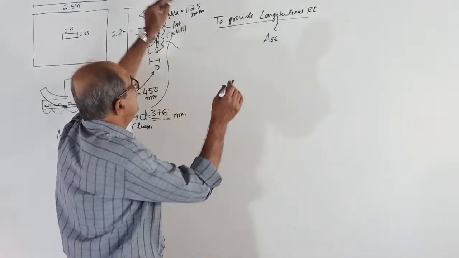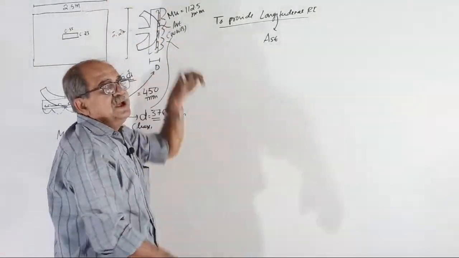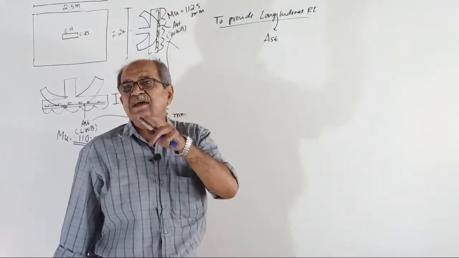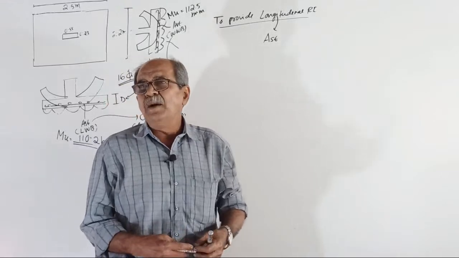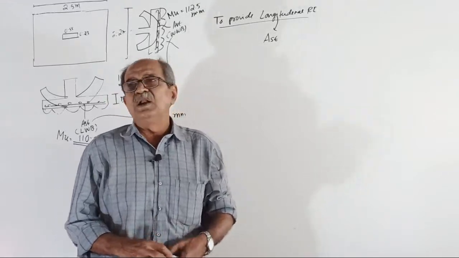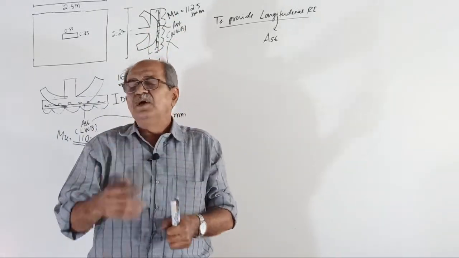Start first, the procedure sheet. See, the problem I am telling. The procedure you have to write later, not now, after this class is over and after our class with axial load and BMs is over.